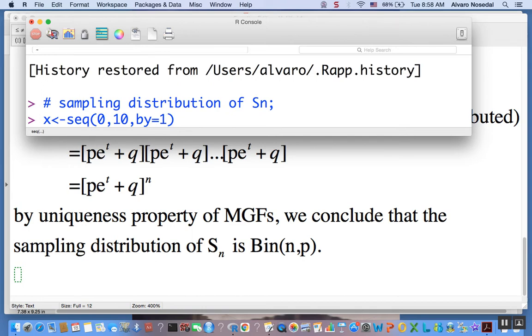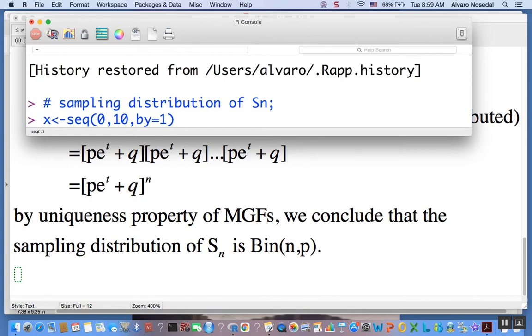So what I would like to create is a graph of the probability mass function of a binomial with parameters 10 and p equals 1 over 6, because we were saying, what if we're rolling a die?